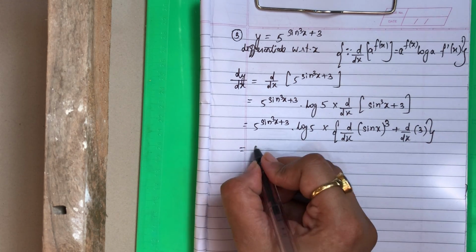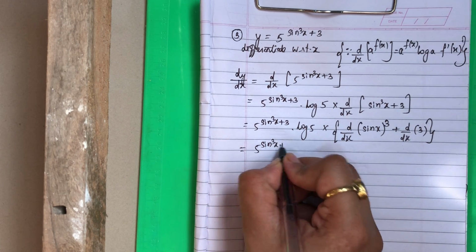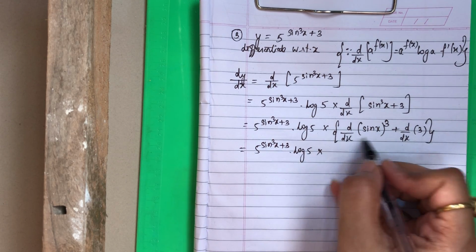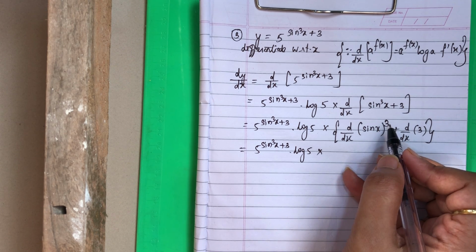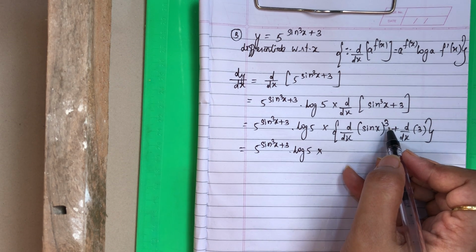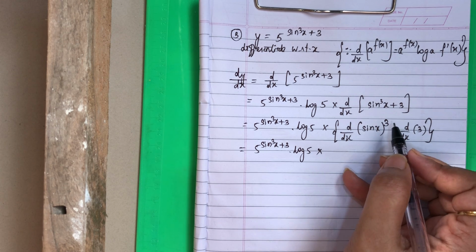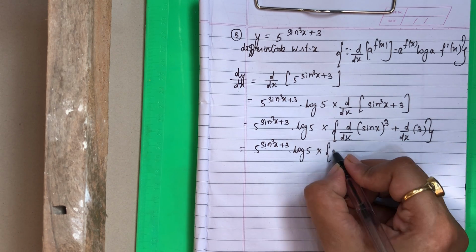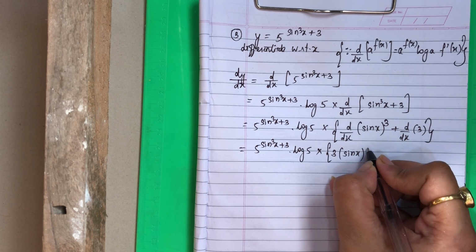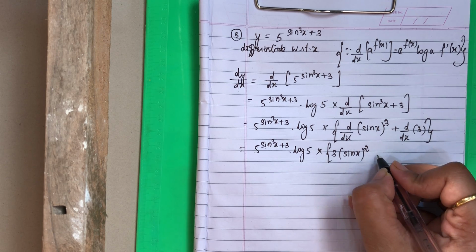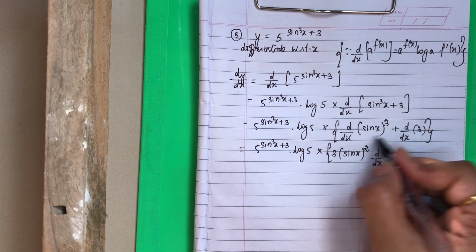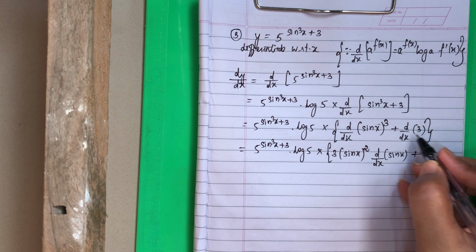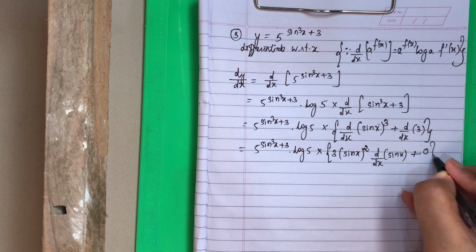Here you can apply the formula of x raised to the power n, or f(x) raised to the power n, that is n f(x)^(n-1) into f'(x). So this will give you 3 sin²x, 3 minus 1 that is 2, into d/dx of sin x, plus d/dx of the constant term is 0.